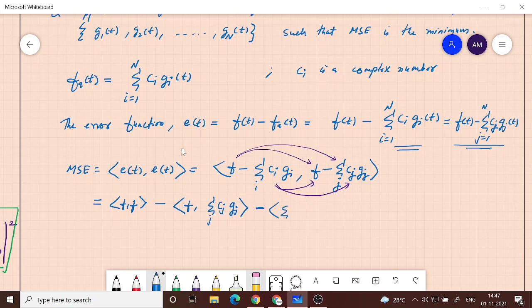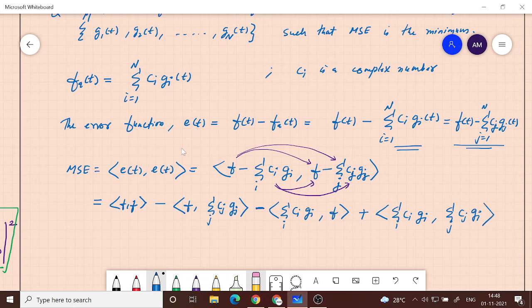Σ i going from 1 to n ⟨gi, f⟩, then the final term is plus Σ i ci gi comma Σ j cj gj.